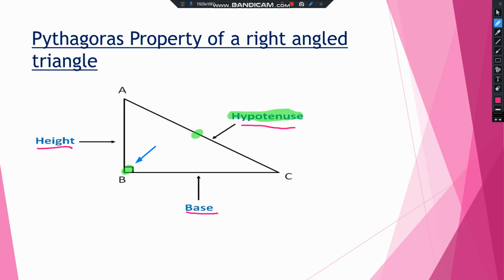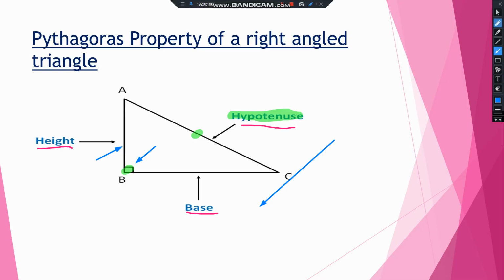So this means that this side will always be the height, or this will be the base? No, we can also call this side as base. Just look here. This side also can be called as base, and this side can be called as perpendicular. Since both the sides are perpendicular to each other, we can call the two sides containing the right angle.